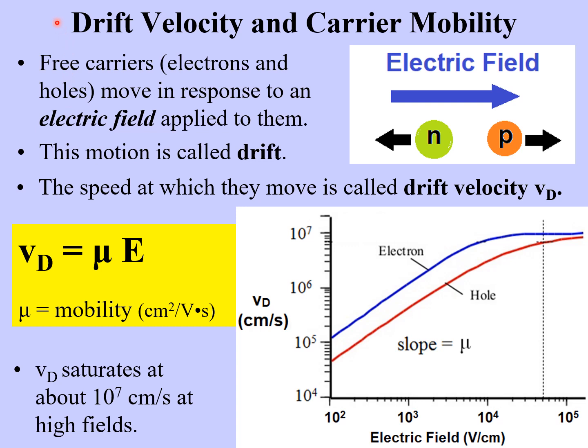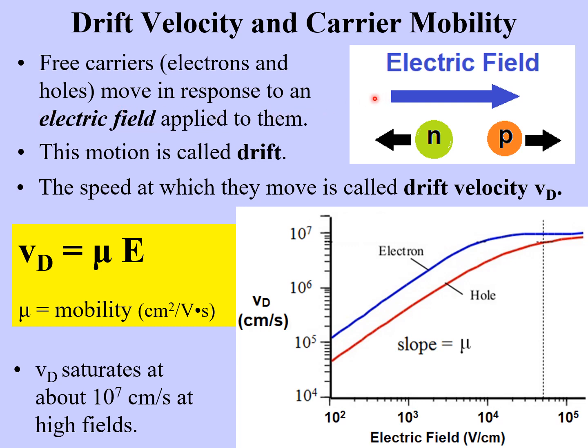So let's talk about the drift current now in more detail. The drift current is due to a couple of concepts that we need to take care of, and that is drift velocity and something called carrier mobility. Remember the idea is that free carriers, electrons and holes, move in response to an electric field applied to them.